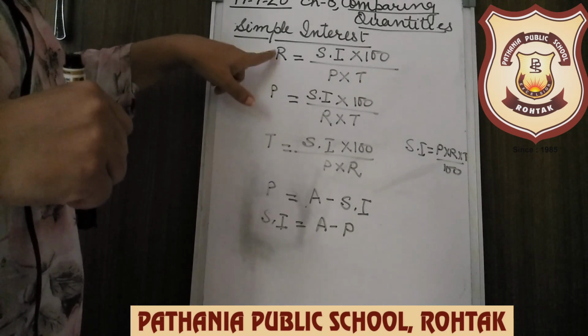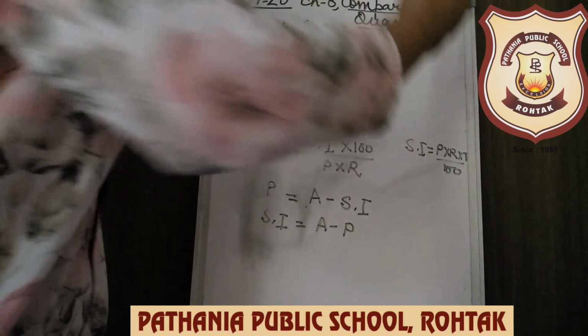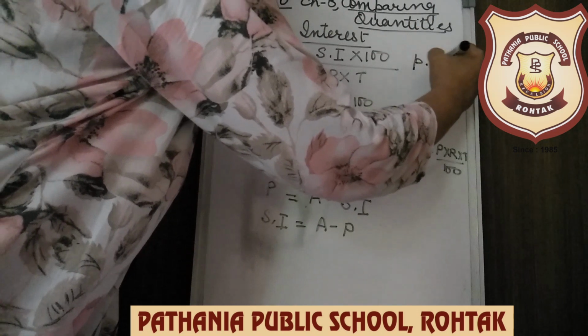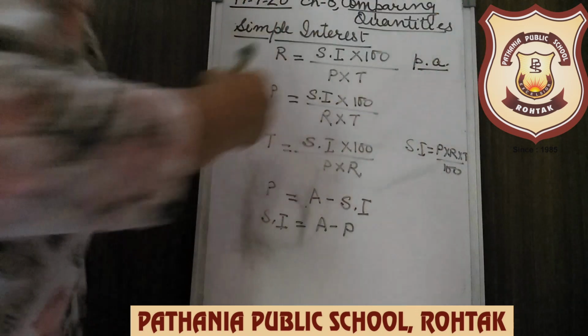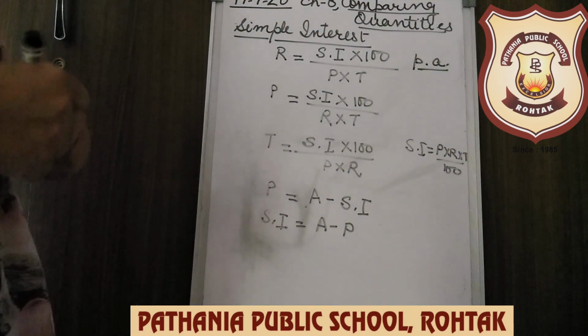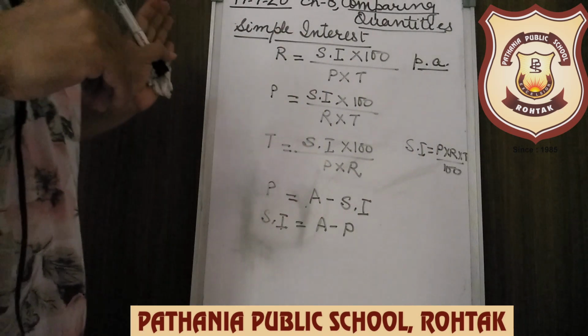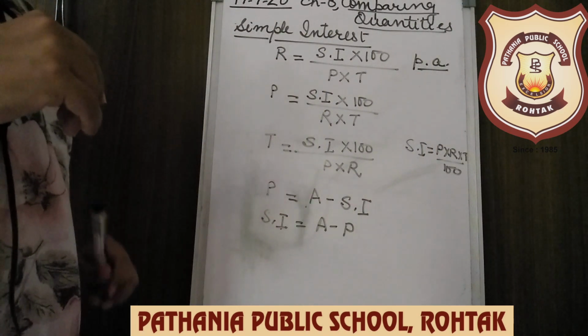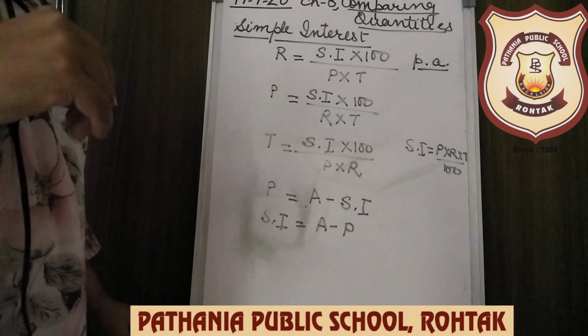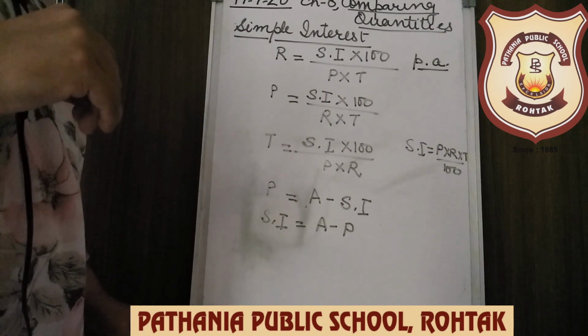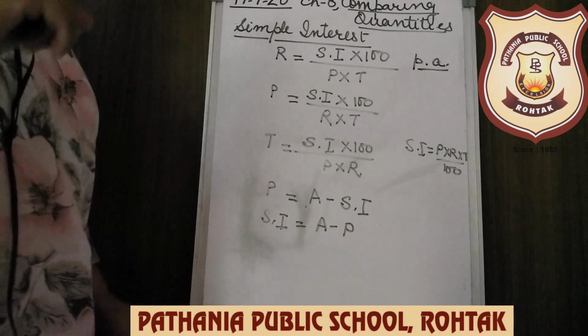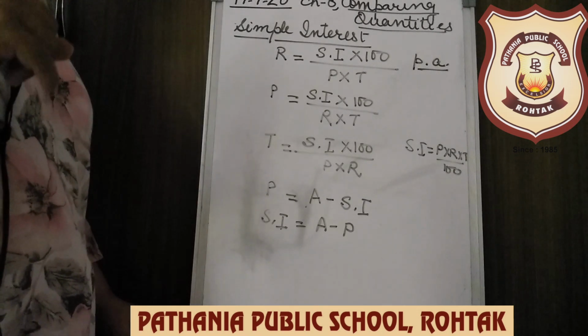It is decided always per annum. Per annum means for a year. So this is your last topic of chapter 8, and do these questions, learn the formulas properly.